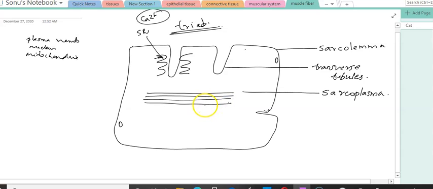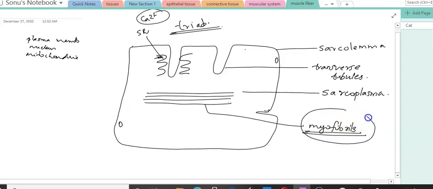So another structure inside the cell is called myofibrils. These are microfilaments, or we can say that these are the contractile elements of the skeletal muscle fibers.